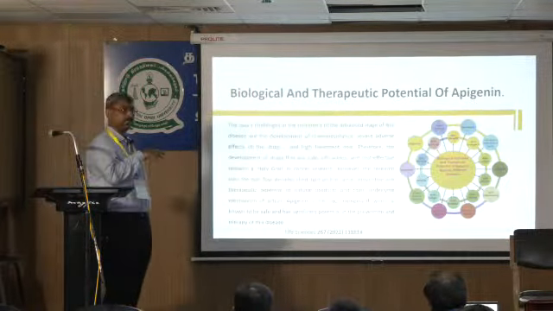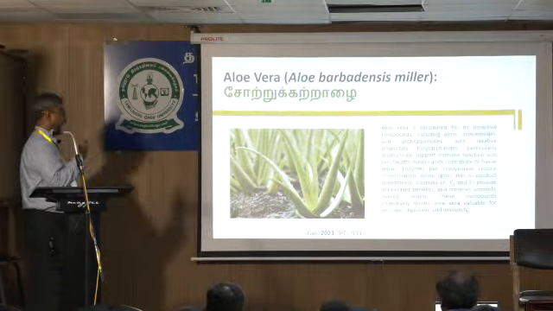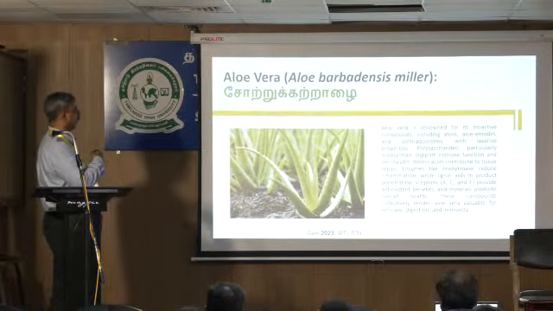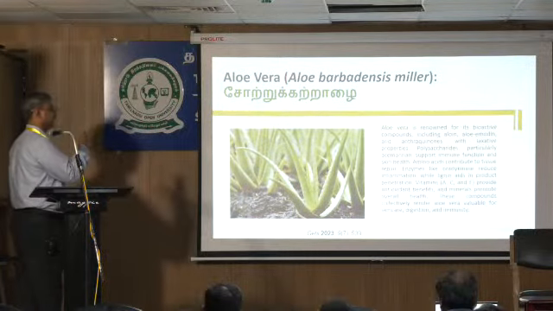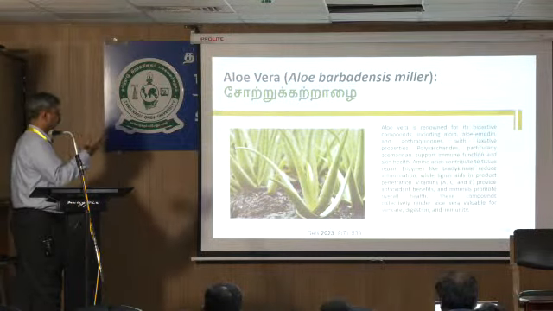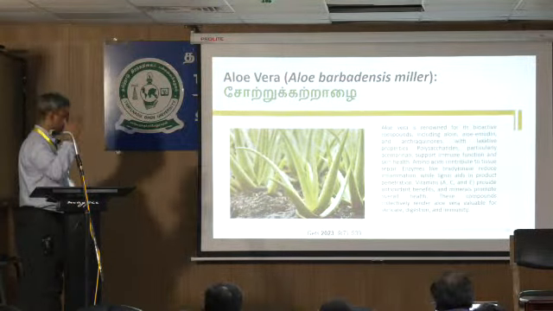The next plant we see is a very common one again, aloe vera, which is going to have what is called anthraquinone, and you also have aloin and aloe-emodin, which are going to be used for many things along with polysaccharides. The structure of aloin is given here.